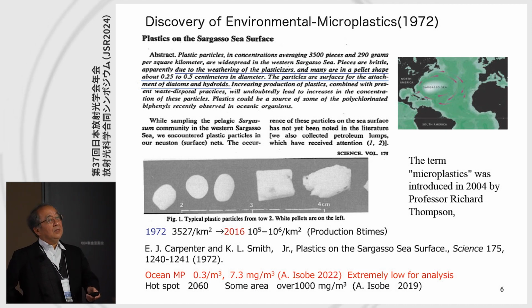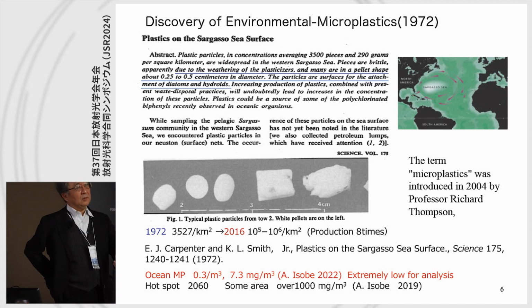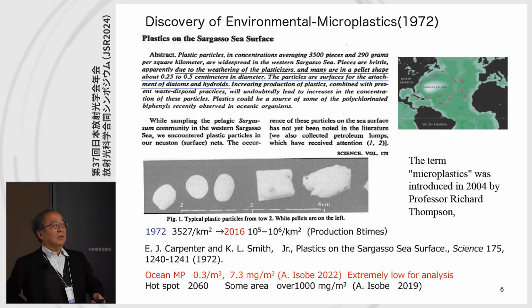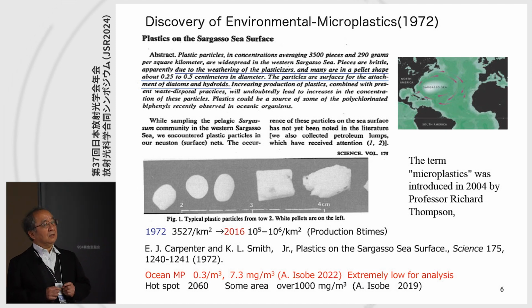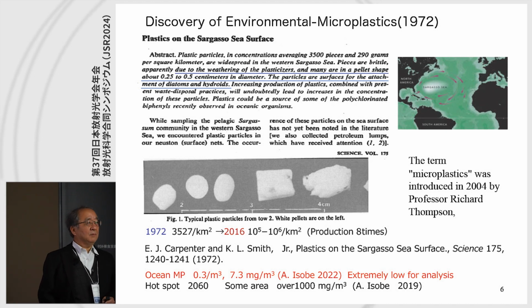Professor Isobe simulated the amount of ocean plastics, and this amount is still about 0.3 pieces per cubic meter. But his simulation expects that by 2060 this amount will increase more than 100 times.